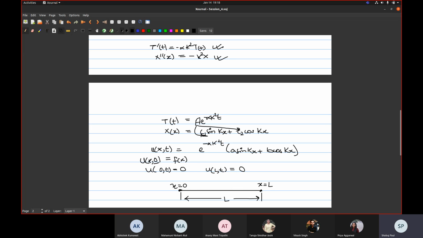At t equals 0 I have some distribution of temperature. Maybe it's distributed like a sinusoid, or something like this. There's a temperature distribution over this.